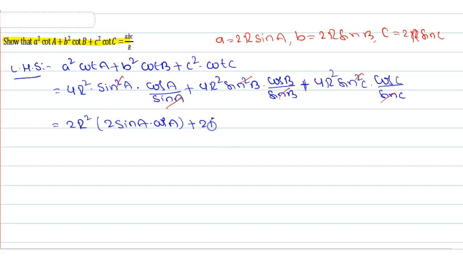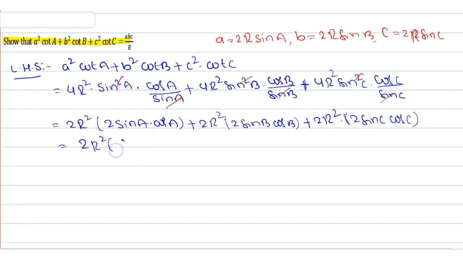Plus 2R², same here also, 2 sin B cos B. Plus again 2R² into 2 sin C cos C. So 2 sin A cos A is sin 2A, 2 sin B cos B is sin 2B, 2 sin C cos C is sin 2C. Entirely I can take common 2R². So I am writing that value: sin 2A + sin 2B + sin 2C.